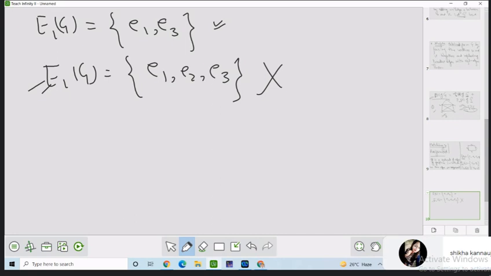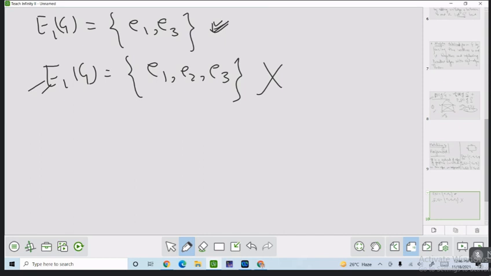Okay, such a type of matching, where we cannot add any edge into the matching, because the resulting collection of edges will not be a matching, is called a maximal matching. Are you getting my point? I'm saying that suppose we have a matching. If we add one edge into the matching, then the matching is lost.